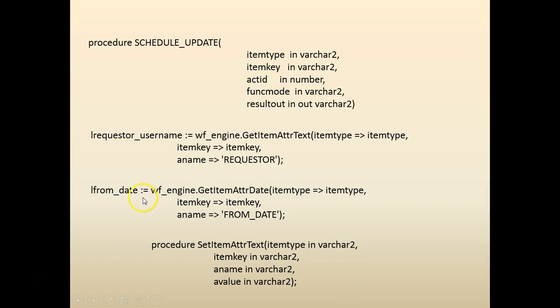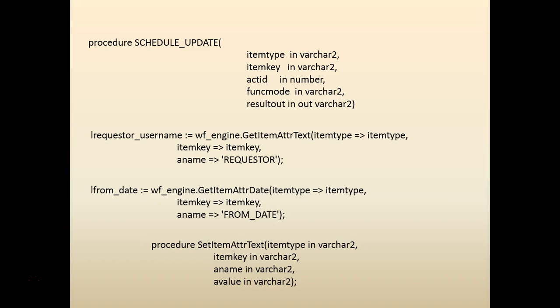If you open this package WF engine, you would see quite a few. You'd see all the getters and setters. Similarly, a setter is to set the value into the workflow. You can compute some values and pass them into the workflow. You can do all those things through getters and setters.